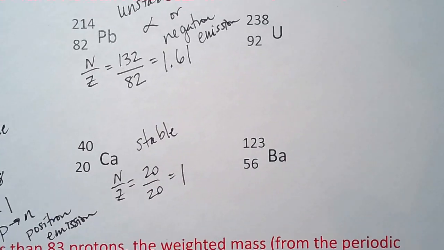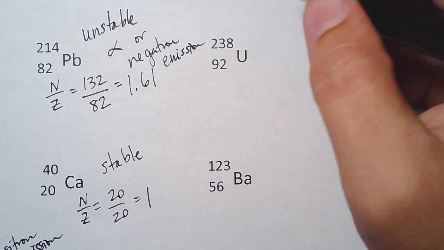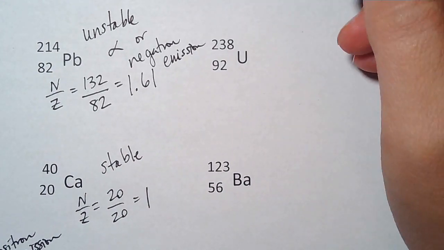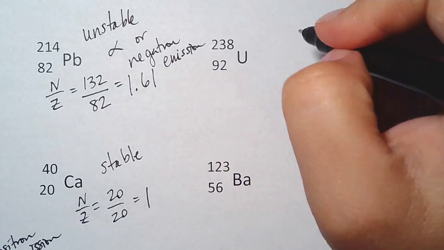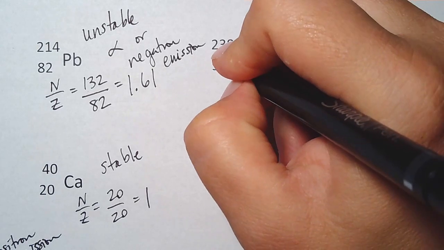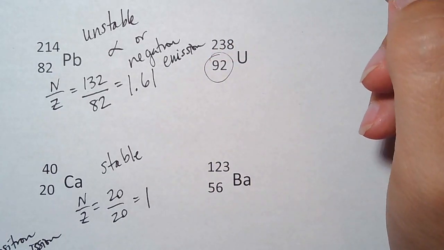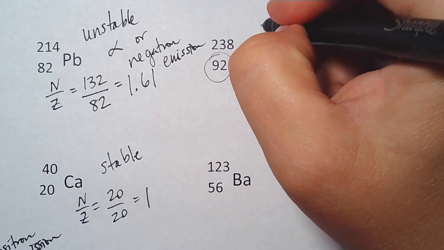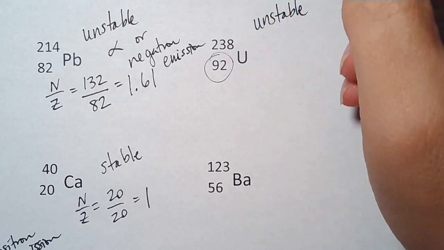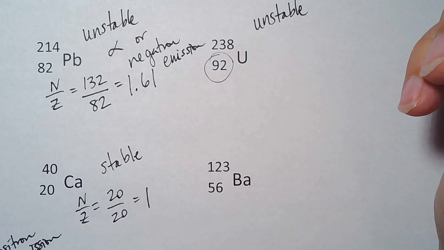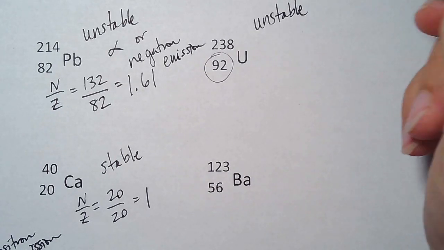We already saw an example with uranium-238, so we should have an idea already that this is not stable. 92 protons, so that's above our 83 for bismuth. So this is an unstable isotope, and likely to undergo alpha decay just because it is so large.